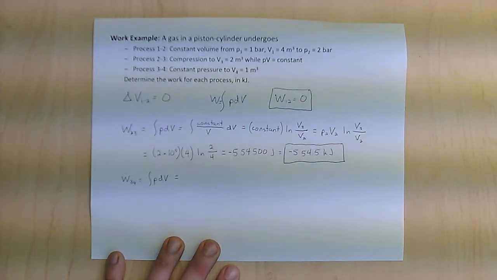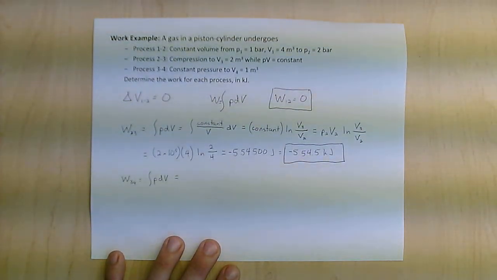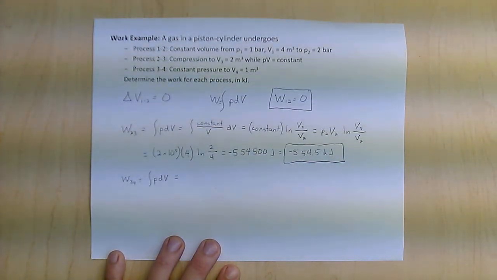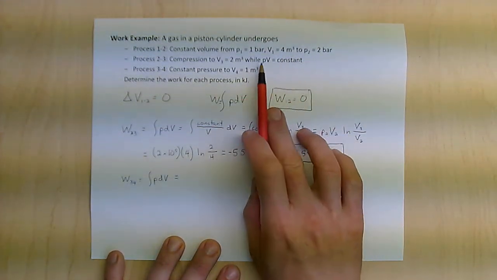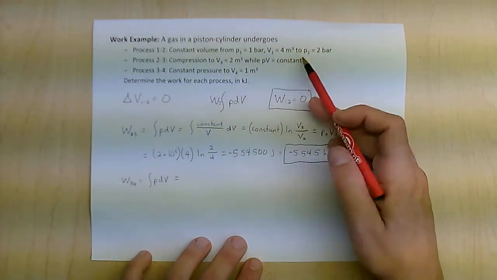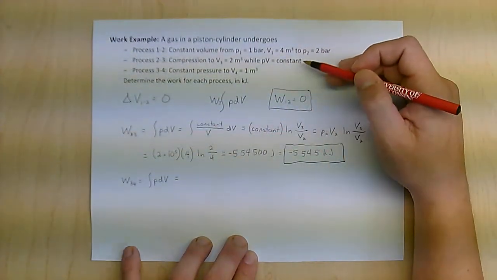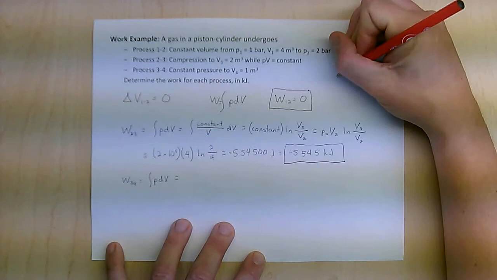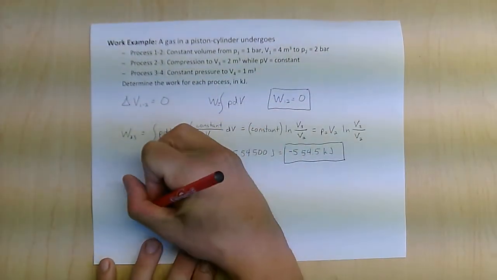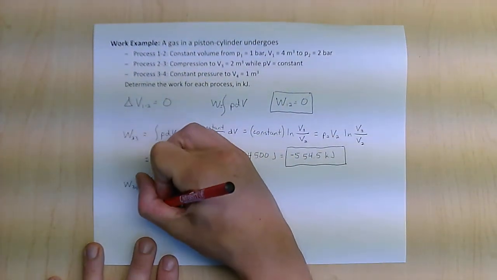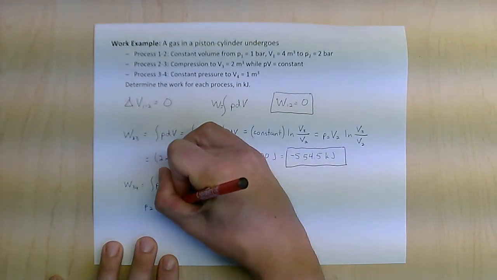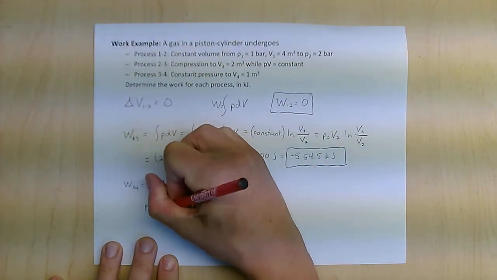Well, I get that from this very first situation, where P2V2 equals P3V3.